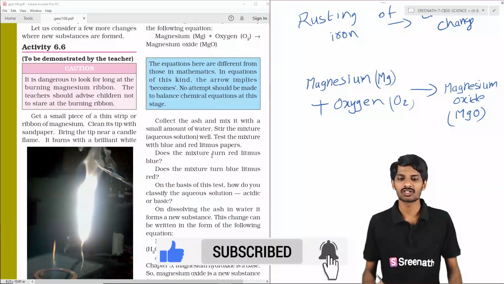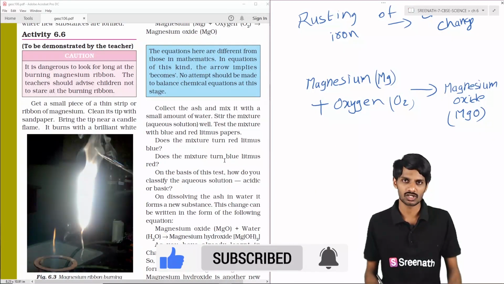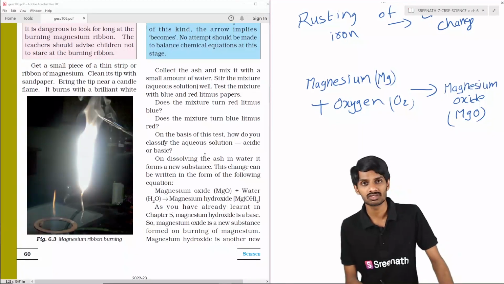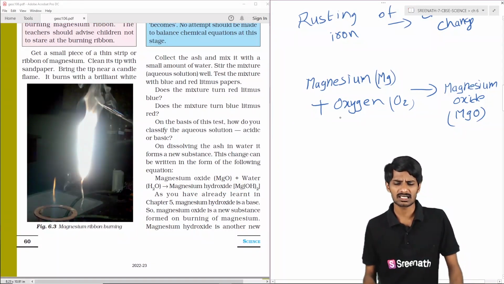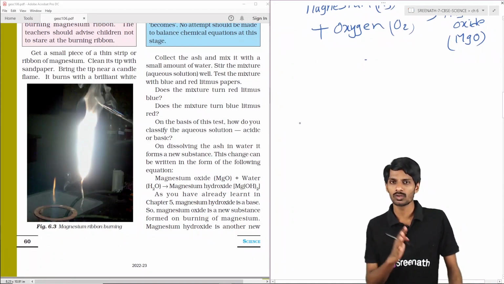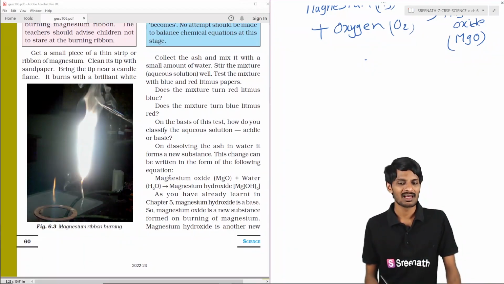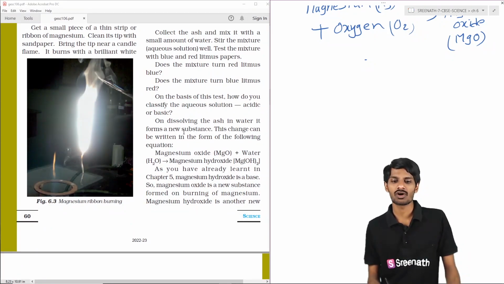Now collect the ash and mix it with a small amount of water. Stir the mixture. You will get an aqueous solution, and test that aqueous solution with litmus papers. In previous classes we discussed how we can say whether a solution is acidic or basic. Okay students, on dissolving the ash in water, it forms a new substance.